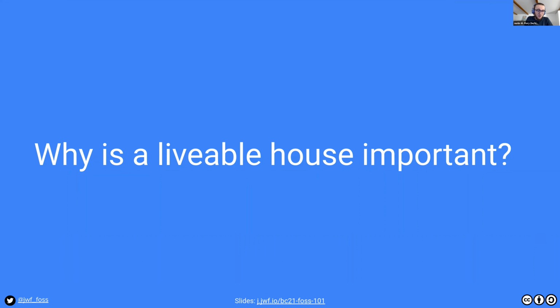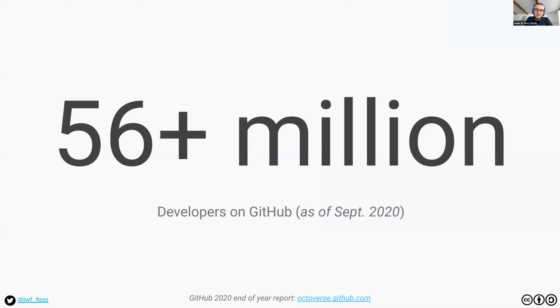Well, to add some other perspective on why having it livable is so important, using this house metaphor again, let's just look around at the ecosystem for a little bit. So last year, GitHub released some data as part of their end of year reports. Just last year, as of September 2020, 56 million developers on GitHub.